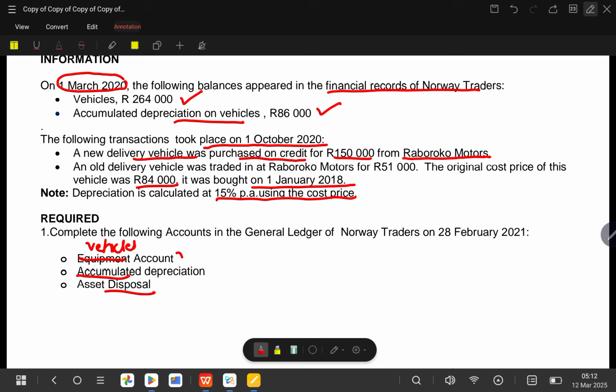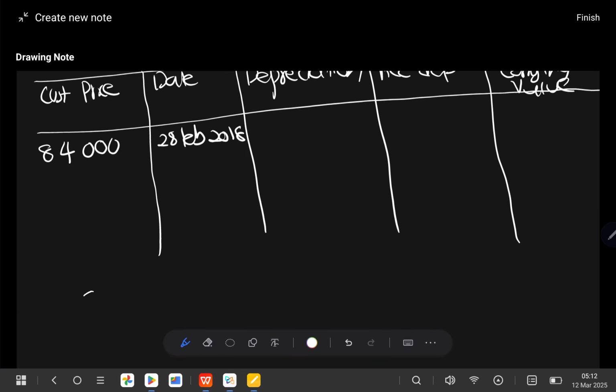So which means that when you do your calculation, you need to use the amount, rate, and time. So we are going to say 84,000 multiplied by 15 divided by 100, and then multiply by 2 over 12, because for that time it was only for 2 months. So we'll say 84,000 multiplied by 15 divided by 100, and then multiply by 2 divided by 12. It is giving us 2,100.